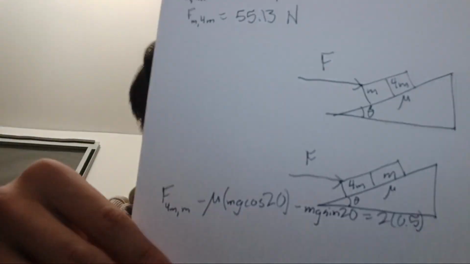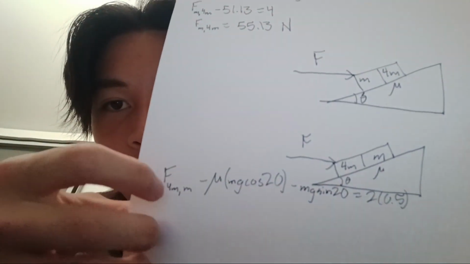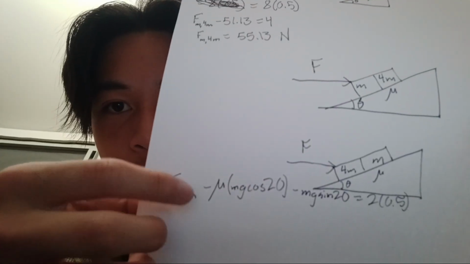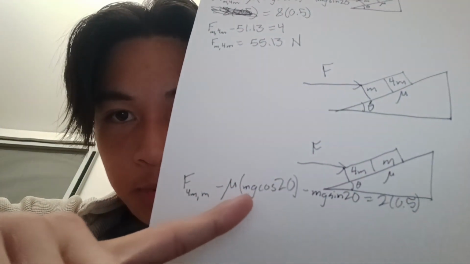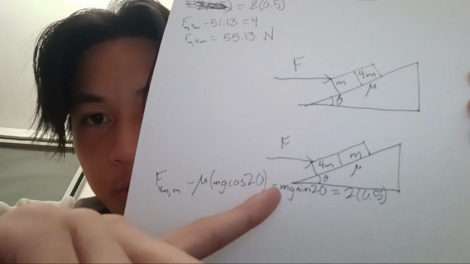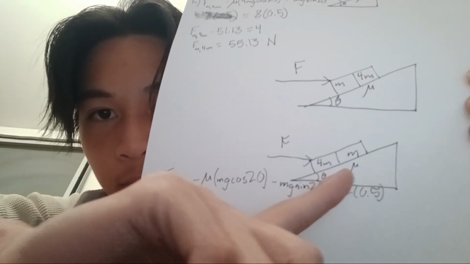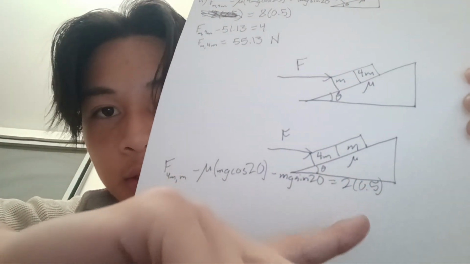This would be the equation if M were on top rather than 4M. So the contact force from 4M to M minus the frictional force on M. So this would just be mg cosine 20, right, for the Fn. And then this would just be mg sine 20 for the gravitational force acting on M, equals 2 times 0.5. That's 1, because M is just 2. And acceleration still stays the same.